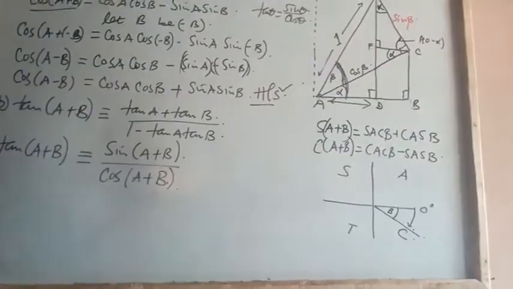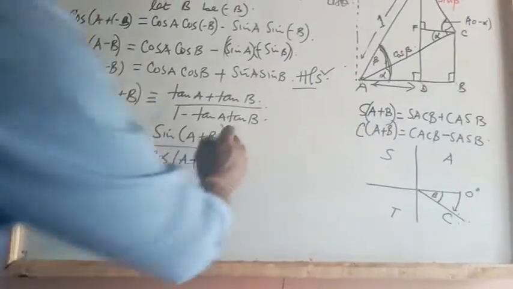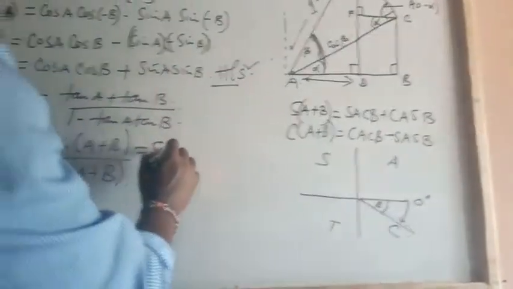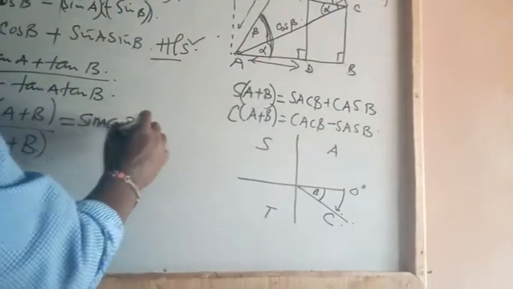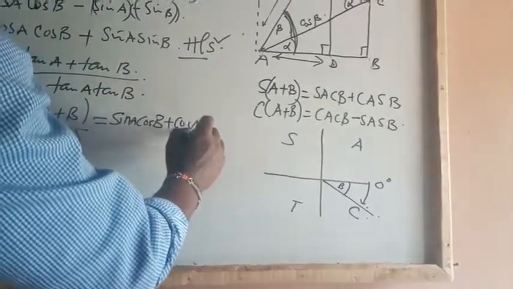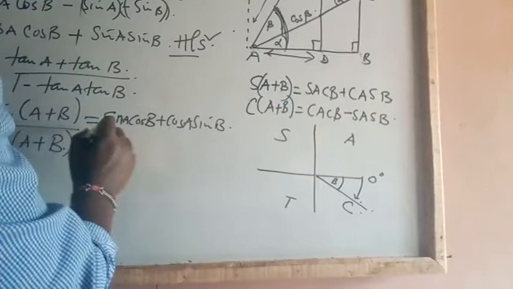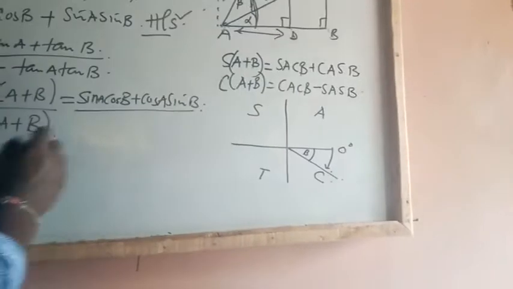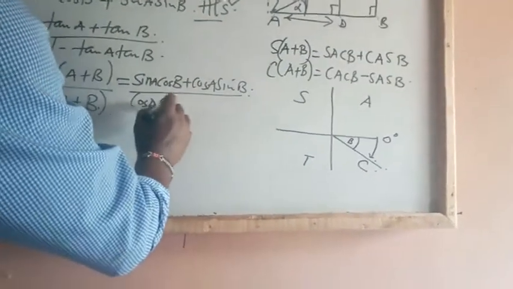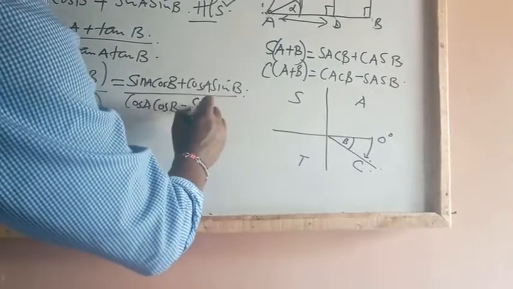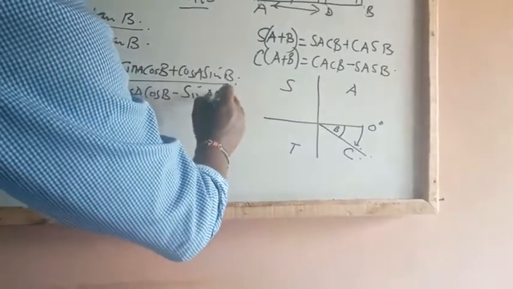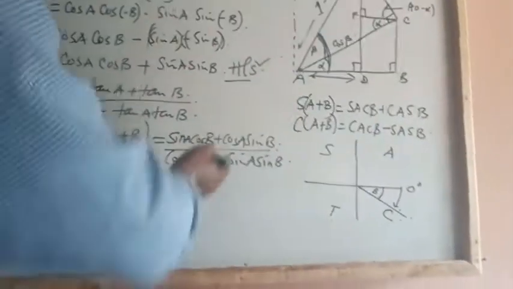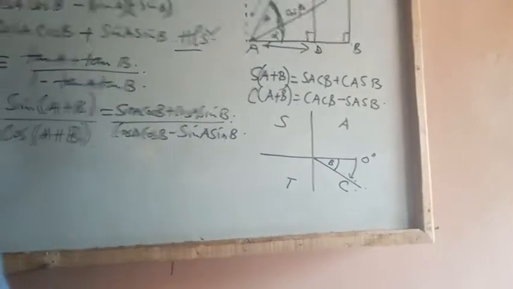Luckily, we have these expressions there, which means sine A plus B is sine A cos B plus cos A sine B, all over cos A plus B, which is cos A cos B minus sine A sine B. Now we have the numerator and the denominator.